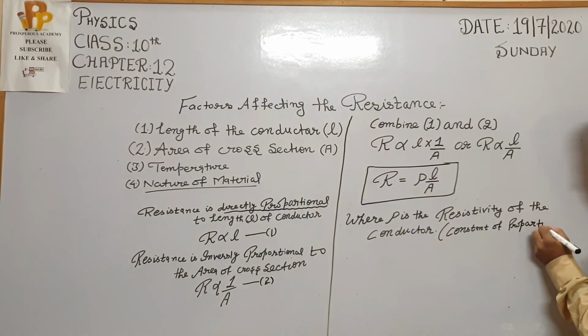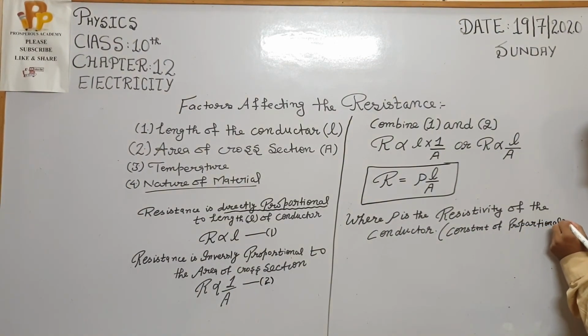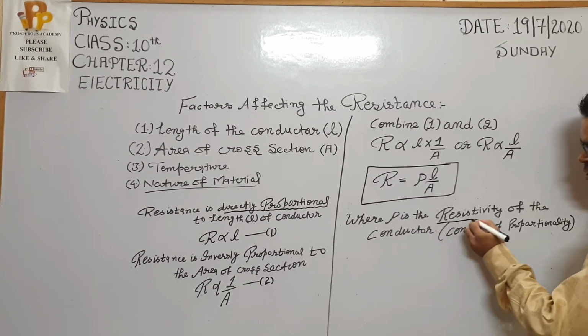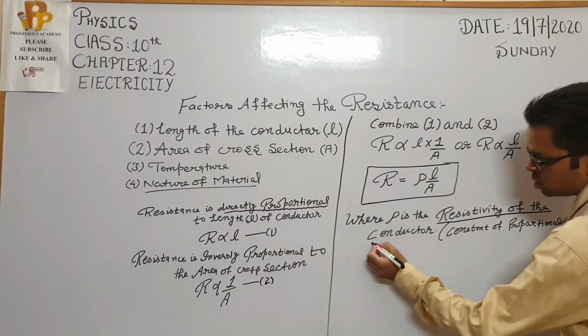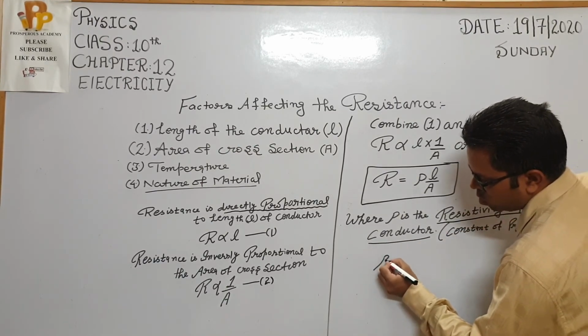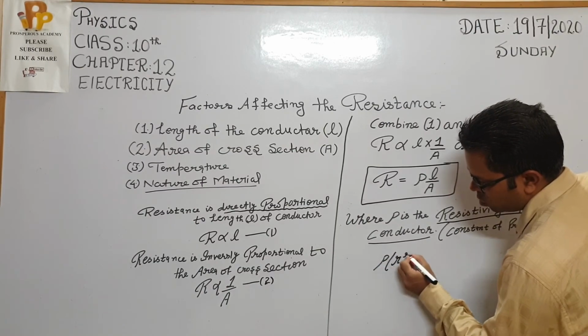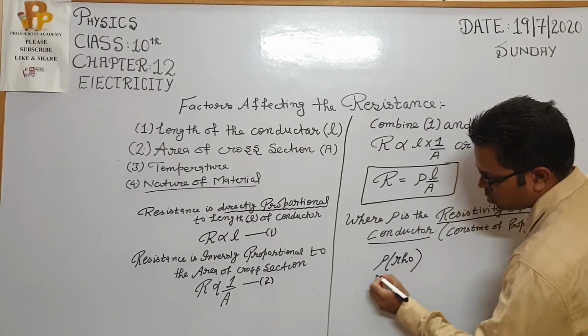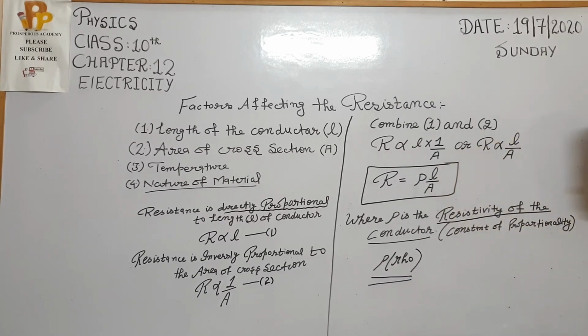Note down beta. Just learn about this, that rho is the resistivity of conductor, or you can write the spelling also, that is RHO, rho. Note down बच्चे.